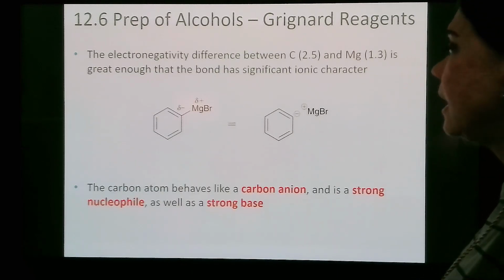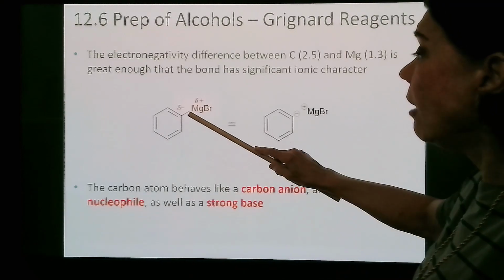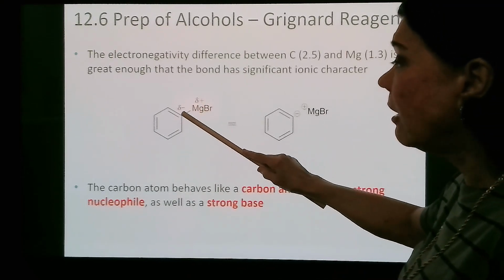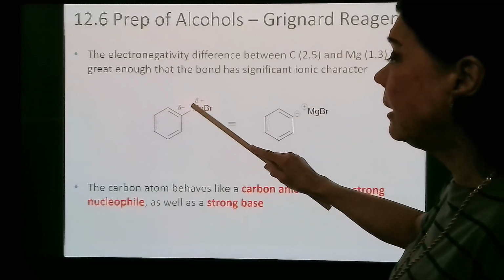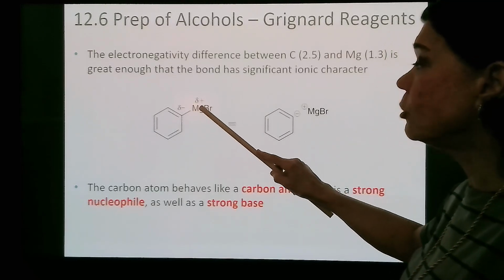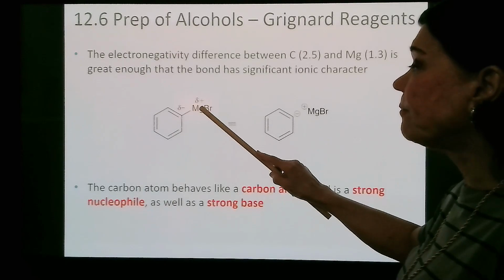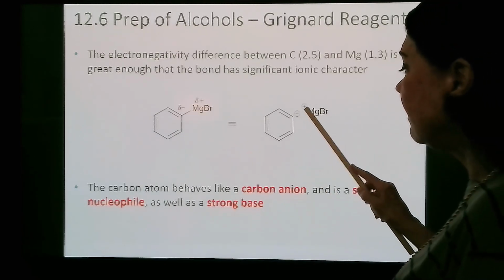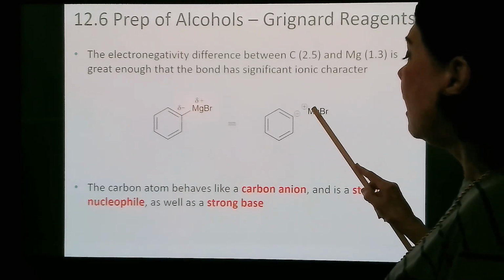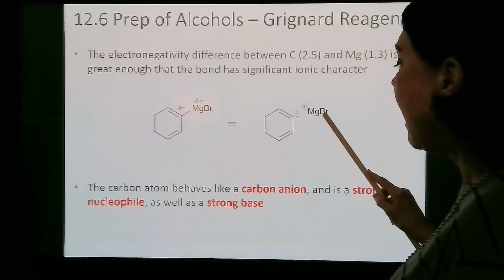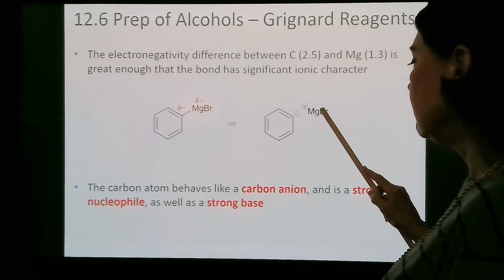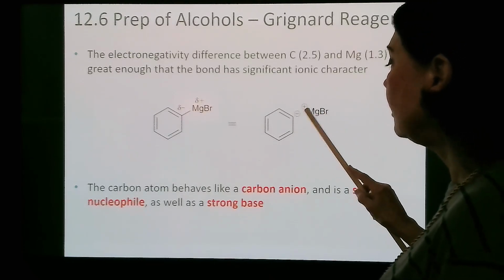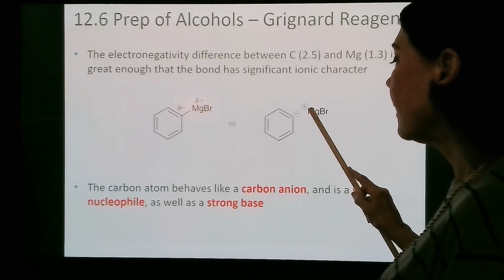More on Grignard reagents. You would draw this as a partially negative charge on carbon and a partially positive charge on magnesium. You can think of it this way, although you probably don't really have this counter ion just floating around like this. It's probably associated.